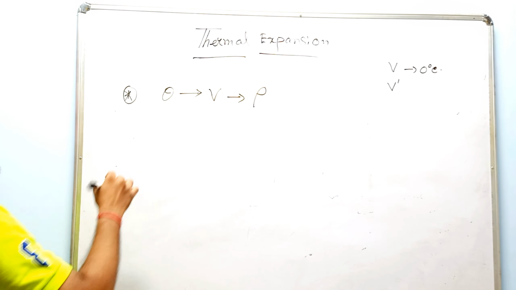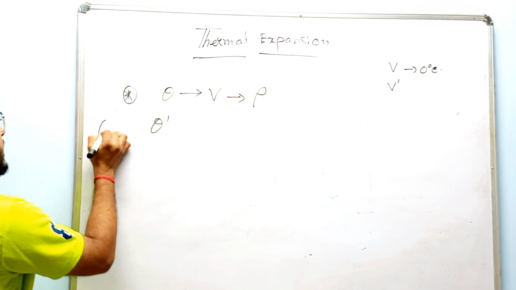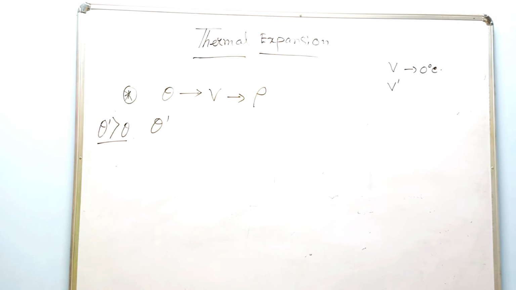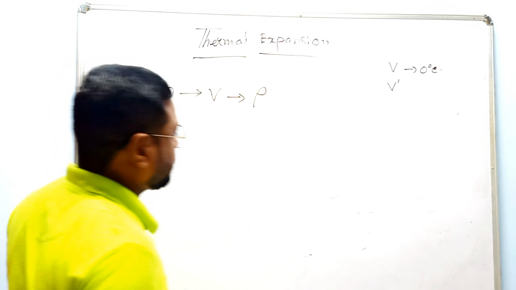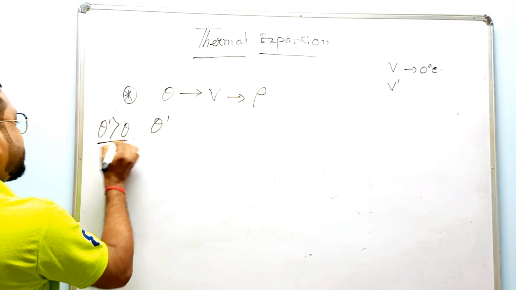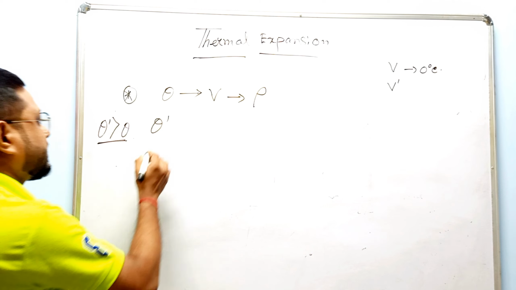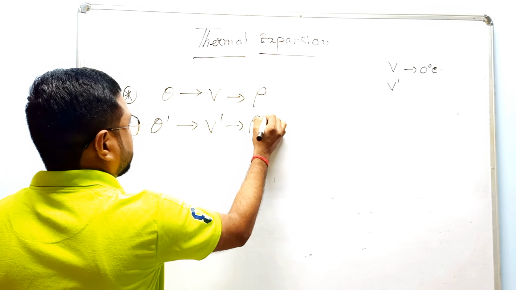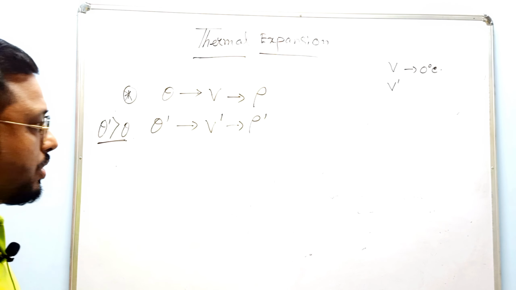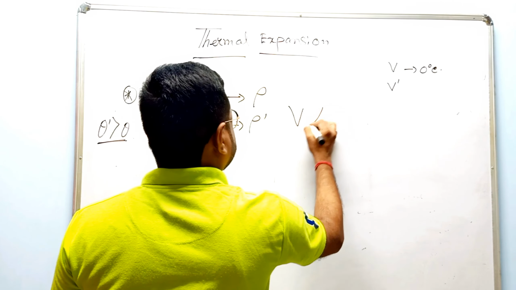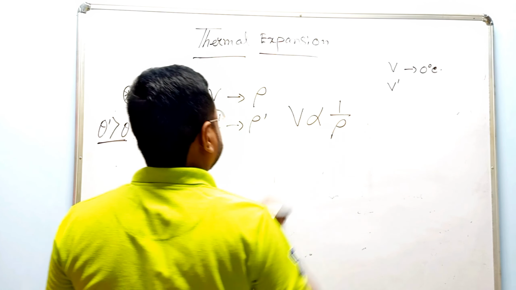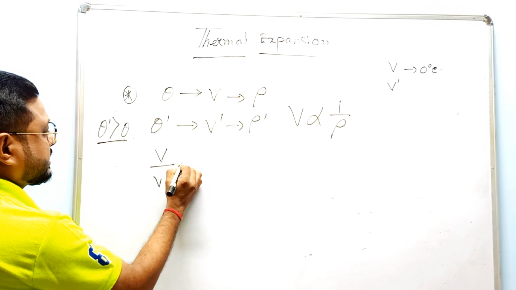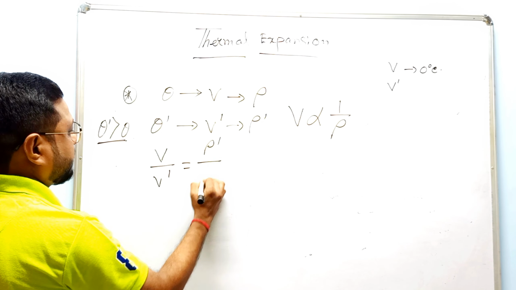When the temperature of the liquid or gas is increased to some temperature theta dash, the volume becomes V dash and the density is rho dash. We know that the volume V is inversely proportional to density. So V by V dash equals rho dash by rho.